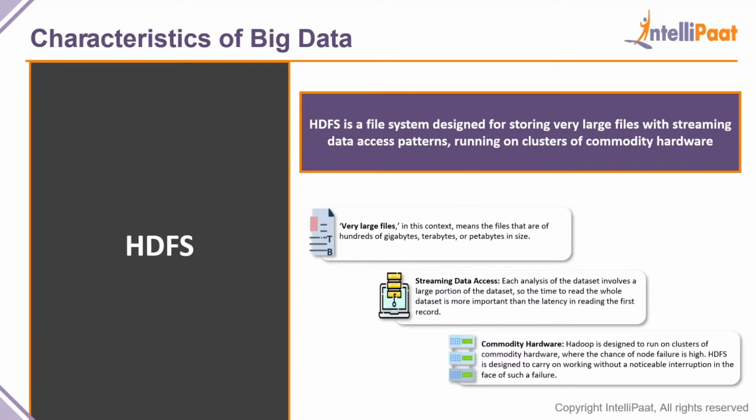You can just reserve a certain section of those workstations and dedicate it to your Hadoop cluster. So instead of investing in an entire server farm for your big data cluster, you can simply use the computers that you already have. That is what commodity hardware means.